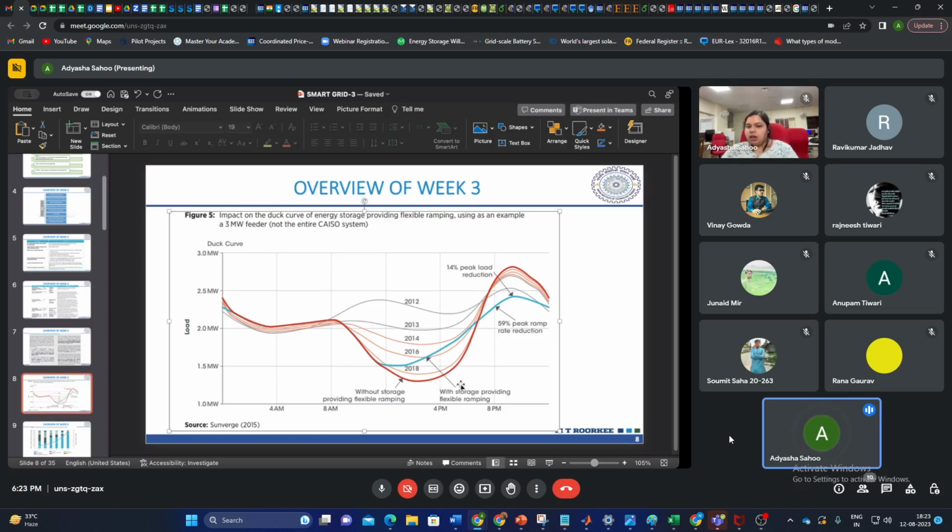This high ramping rate can be achieved by storage because of its ability to inject power into the grid in a very short span of time. These high ramps can be effectively provided by the batteries. So you can see with the help of storage, the blue line, when solar was abundantly available, the batteries were charged, and discharged when solar was not there.